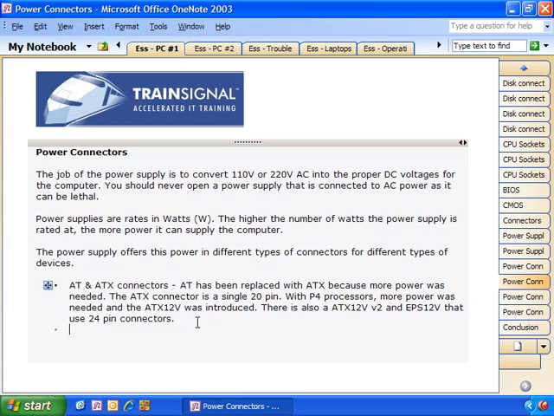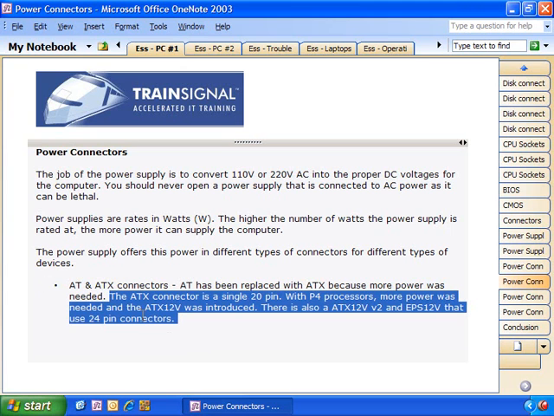The AT connector, or ATX connector, is a single 20-pin connector. With P4 processors, more power was needed, and the ATX 12-volt additional connector was introduced. There's also an ATX 12-volt V2 and an EPS 12-volt that use 24-pin connectors on newer power supplies.